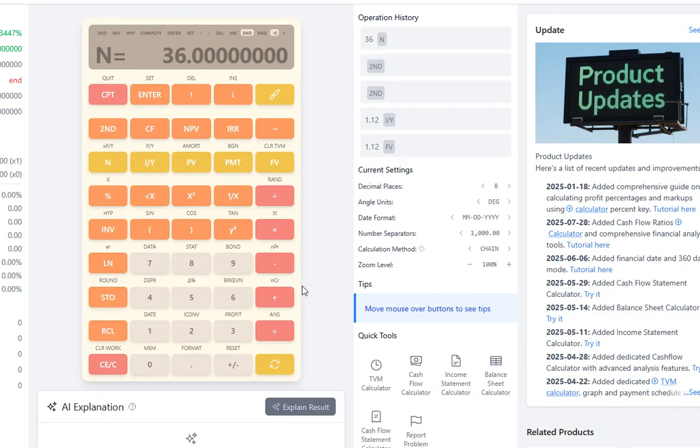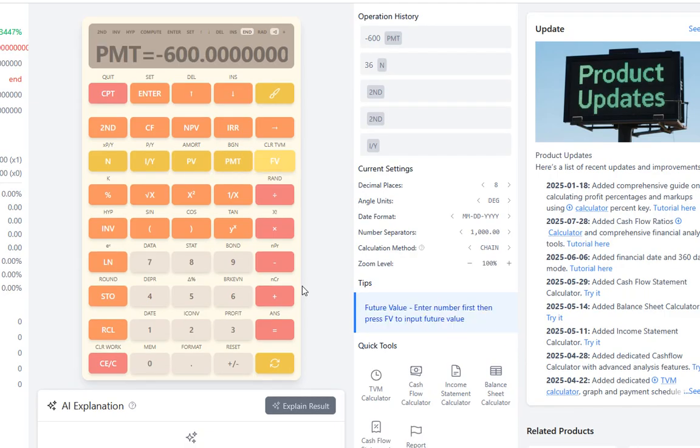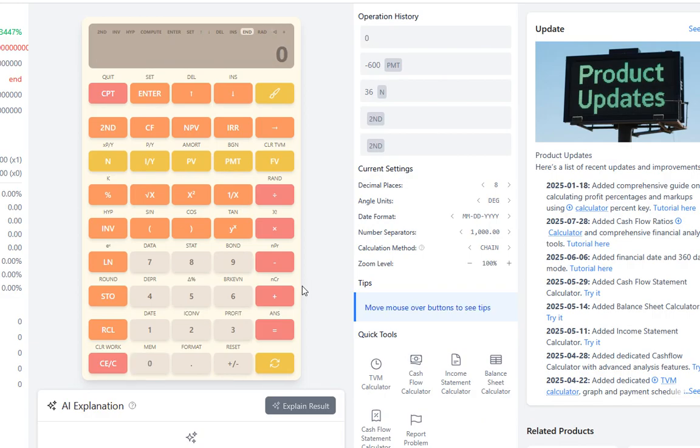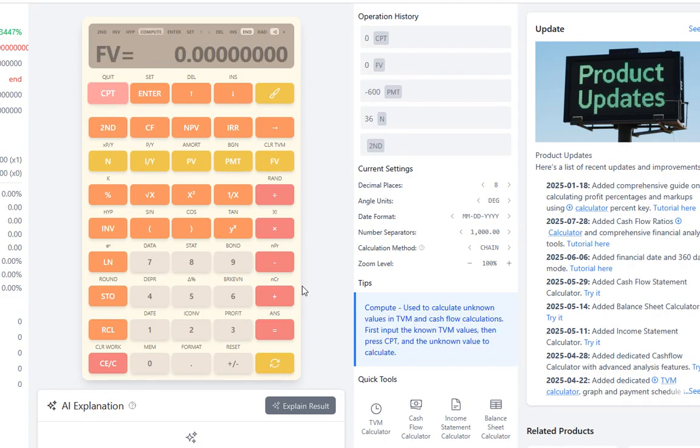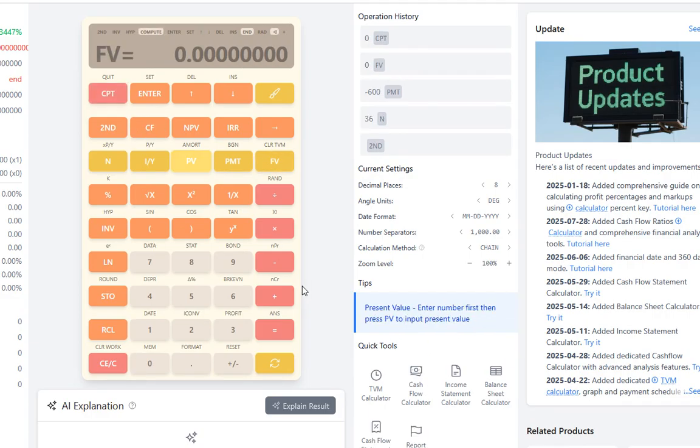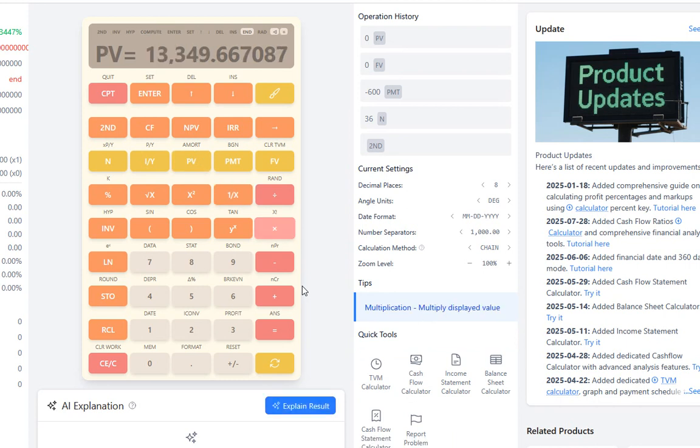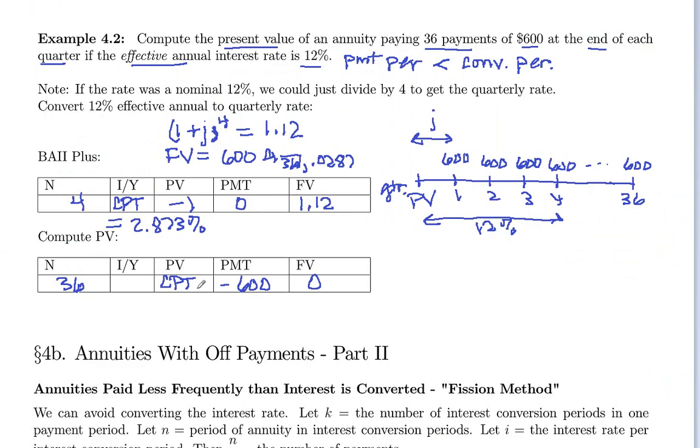PV is my compute. Negative 600 is my payment. 0 is my FV, and compute PV. $13,349.67. And that should be what you get here also.